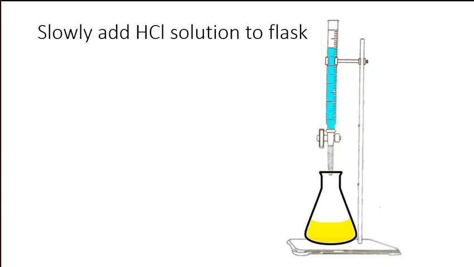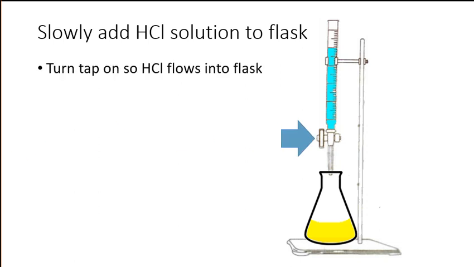And then you'll proceed to slowly add hydrochloric acid to the conical flask. So turn the tap so the HCl flows into the flask. And you'll continue to do that until you see a colour change.